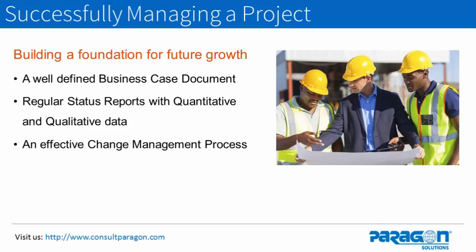The second is regular status reports, in a format that's consistent and represents the true situation and progress you're making on that project, both quantitative and qualitative, the narratives that tell where a project sits. And finally, using and leveraging a change management process. So now you have the three elements to handle change, understand what your objective was, and measure your progress towards that.